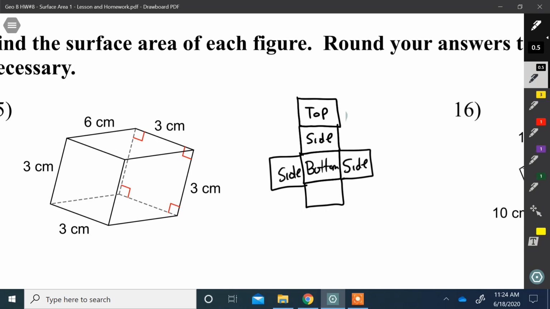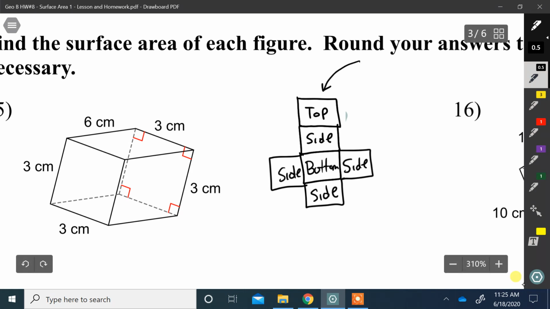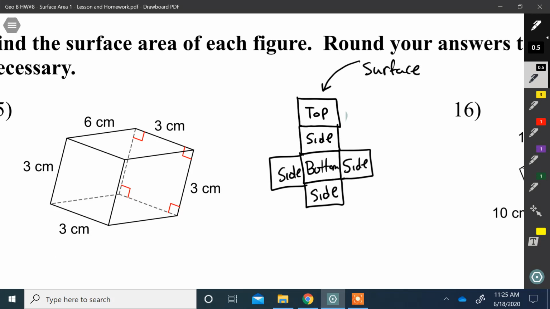Okay, that right there is what we call surface area. It's everything that is covering the box. Okay, it's everything that is covering the surrounding. It's not what's inside, that's volume.